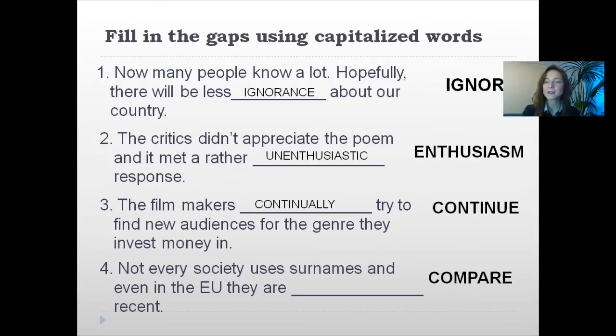We add the suffix -ive to turn the verb into the adjective, and we've got the adjective comparative now. And now you need to add the suffix of the adverbs, which is -ly. So your answer here is comparatively. So we have just practiced and we've done the first exercise.